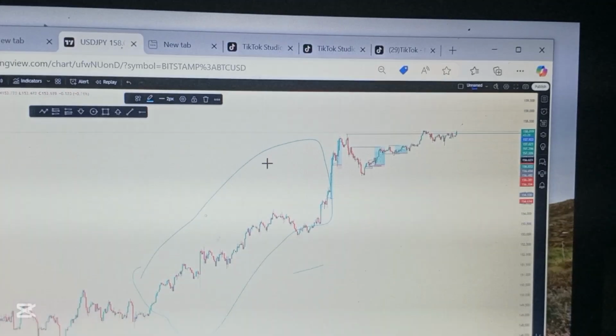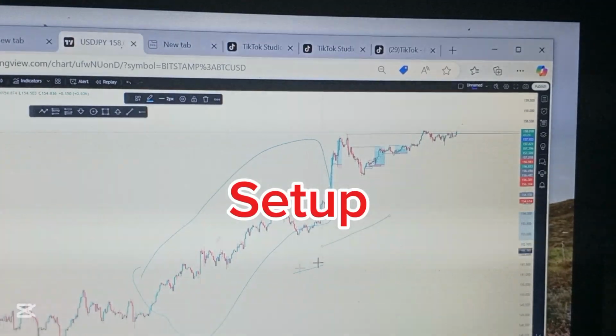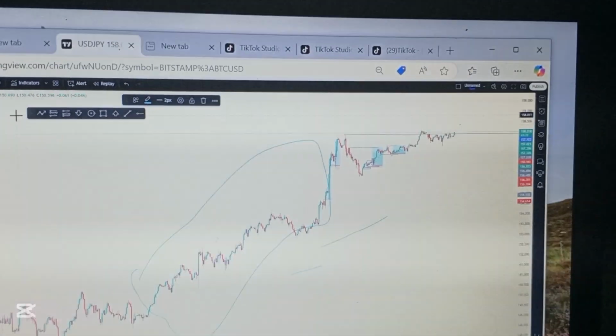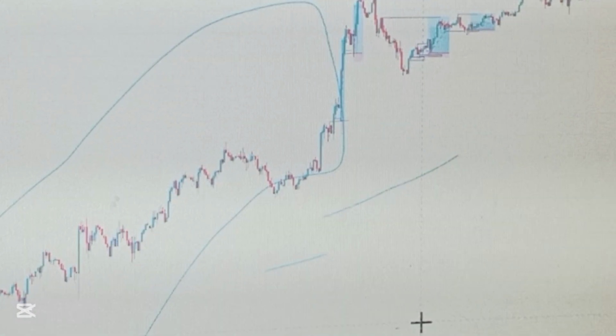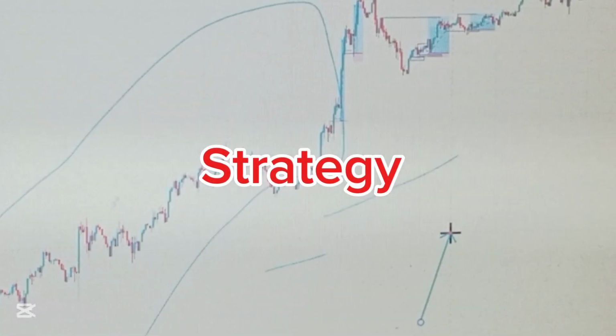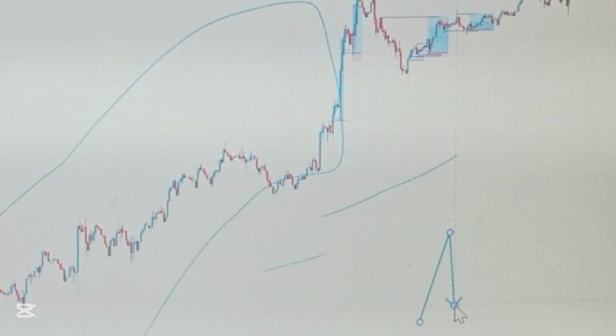Once I head over to the market, I look for my strategy, and this is my strategy. I look for fast movement in the market. I look for something like this, on a higher time frame. Sorry, this is on an uptrend.